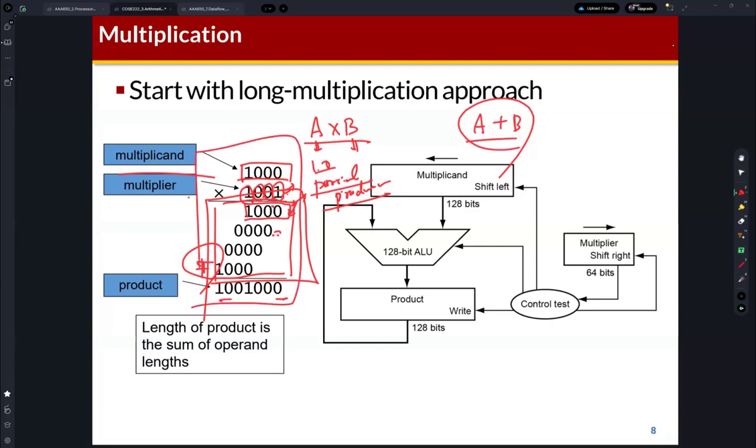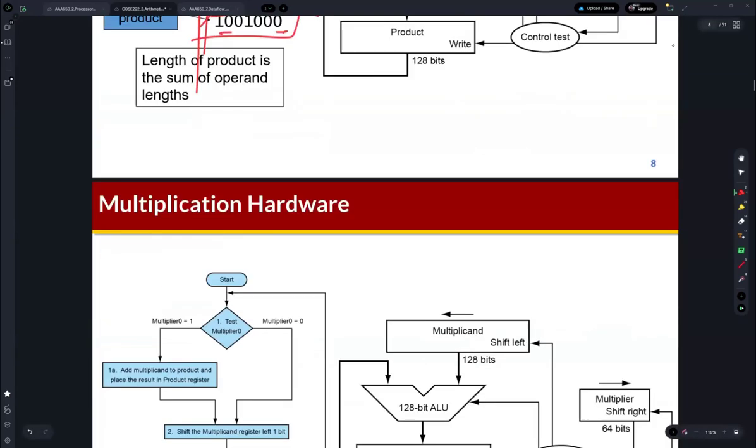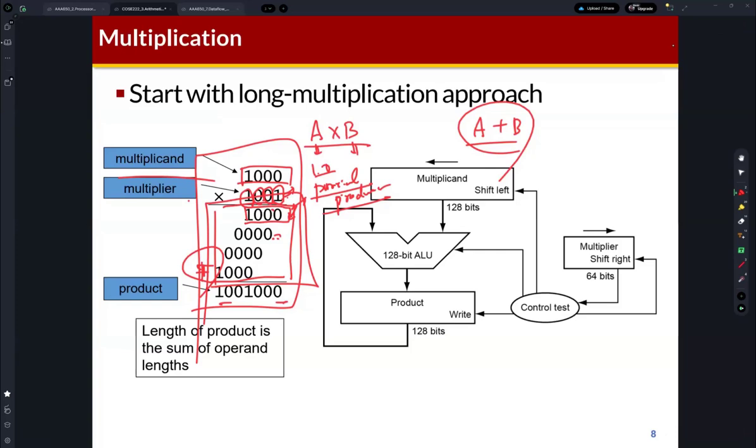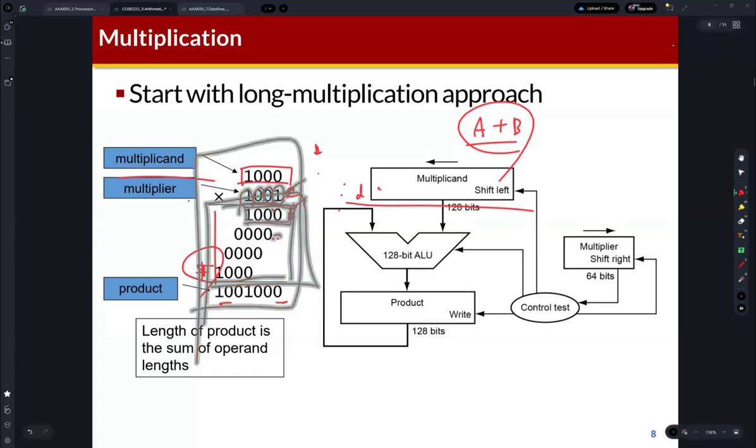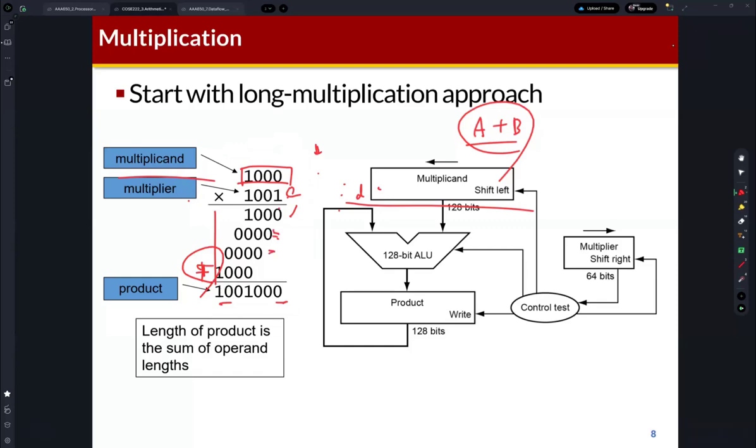But this is the implementation of multiplication. Actually, we can implement the multiplication like this. In this example, we can consider the position of each digit of the multiplier. Based on the position, we can perform the shift operation.